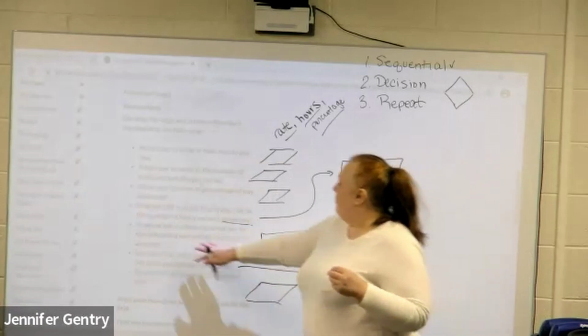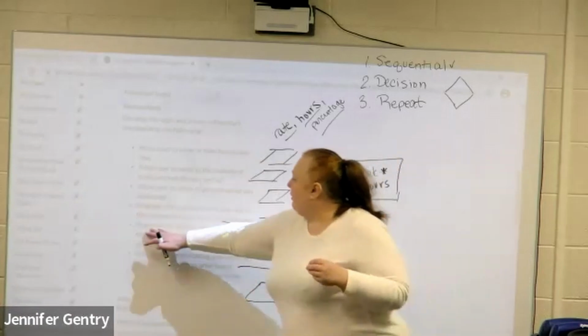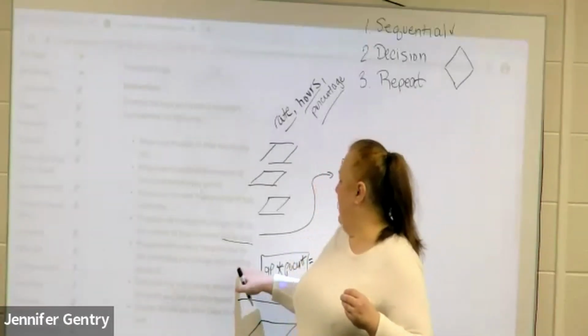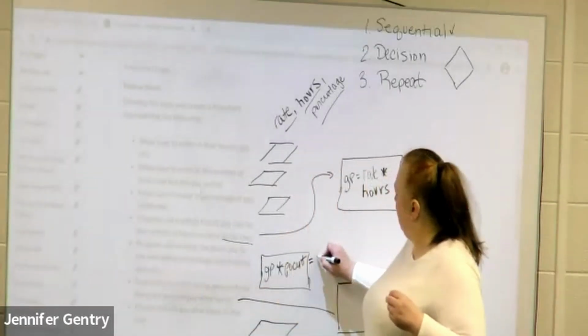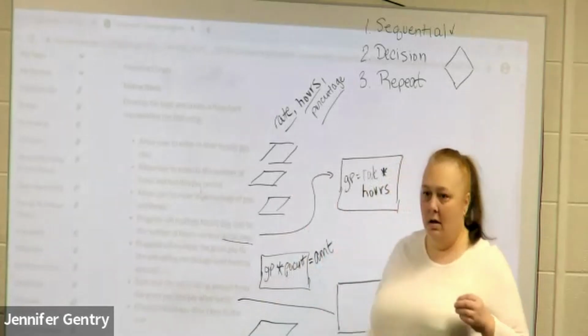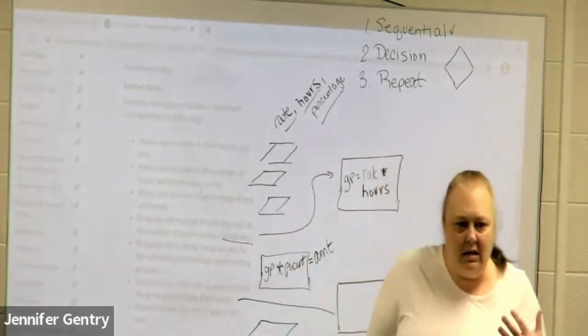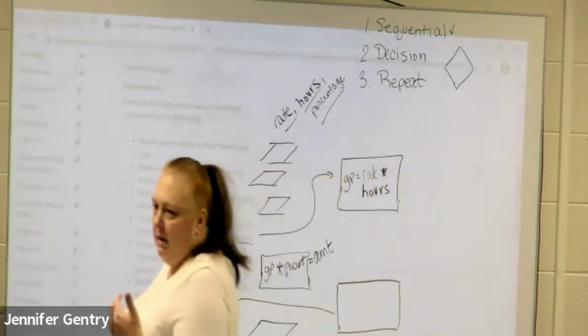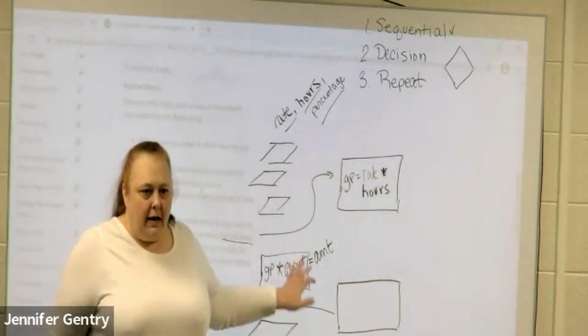Okay? Program will multiply the gross pay multiplied by the withholding percentage. Okay? And that's going to be equal to the withholding amount. Again, do I need to understand anything about economics and accounting to figure that out?